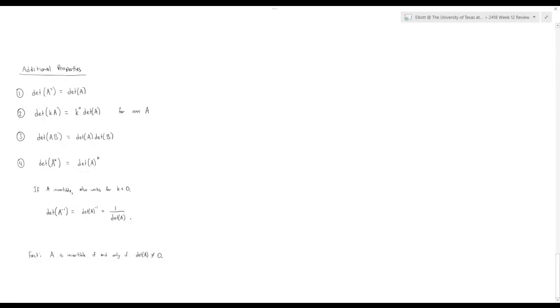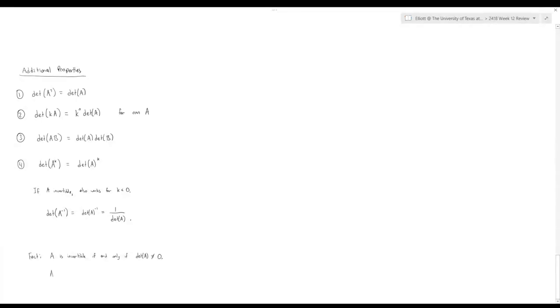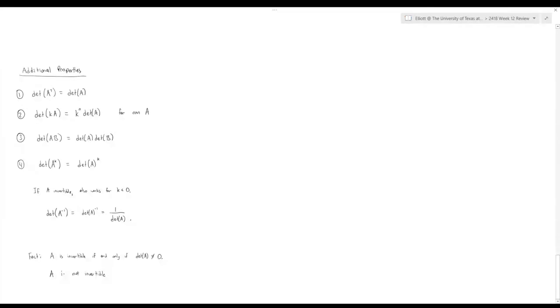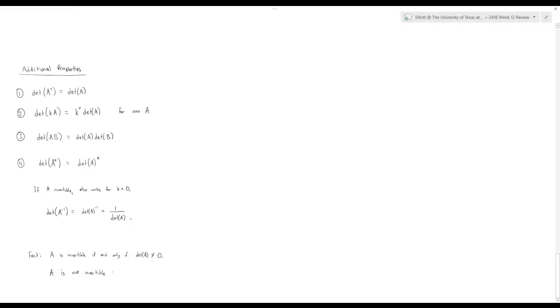Okay. So equivalently, you can say a matrix is not invertible if and only if its determinant is 0. Okay. And this will come into play when we talk about eigenvalues and eigenvectors, which we'll probably at least start talking about a little bit next time.